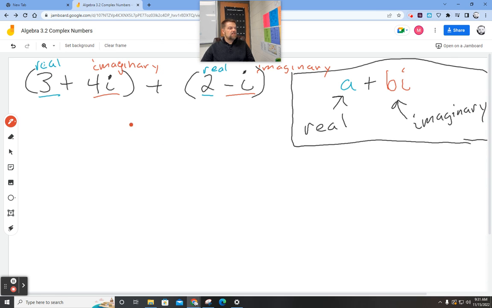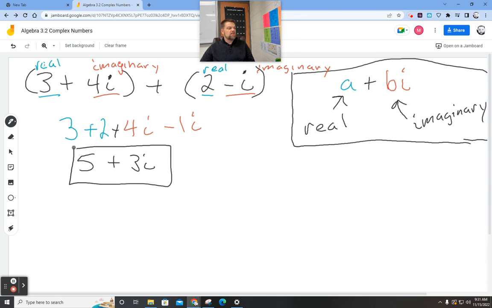So I'm going to take 4i minus 1i, and then I'm going to add that to 3 plus 2, and I'm going to add them up. And so I get 5 plus 3i. And that is a complex number. Okay? Any questions on that?